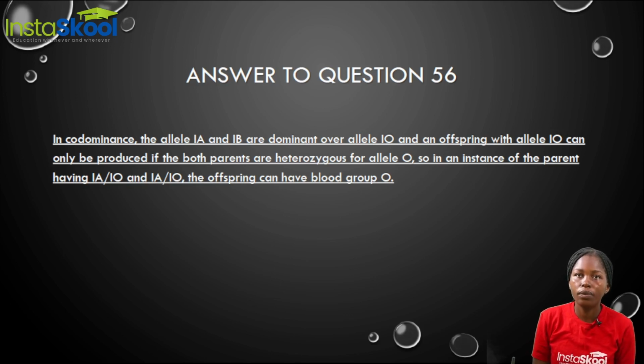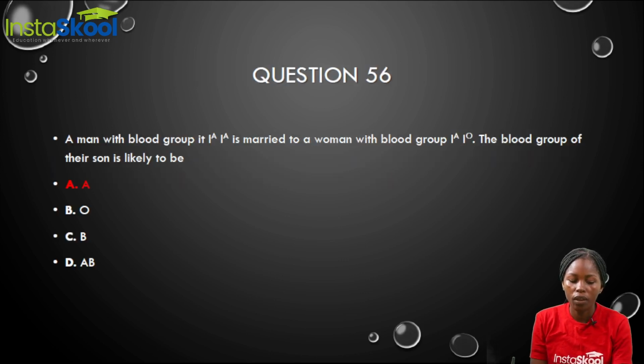So an offspring that has the allele IO can only be produced if both the parents are heterozygous for the allele O. For instance, each of the parents must be IAIO in order for this offspring to have blood group O. So in this question, their son is likely to be of blood group A, and this is because only one of the parents, the mother, has the blood group O.